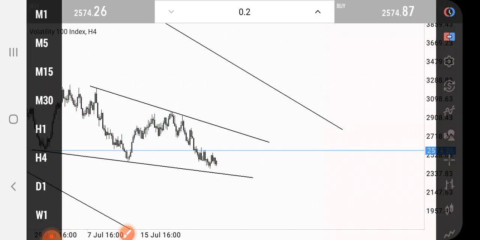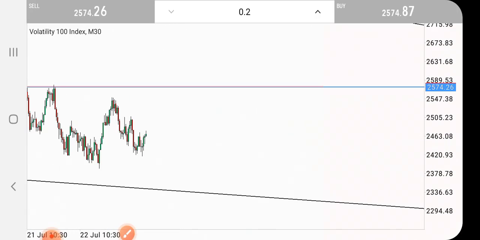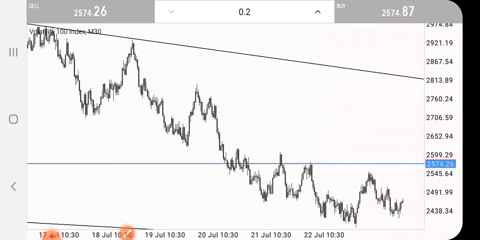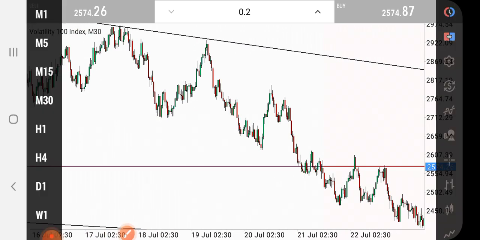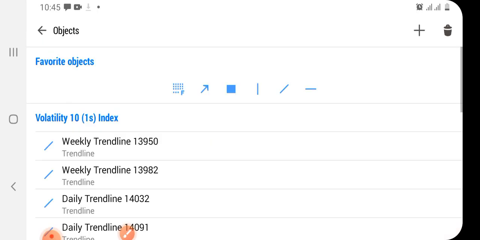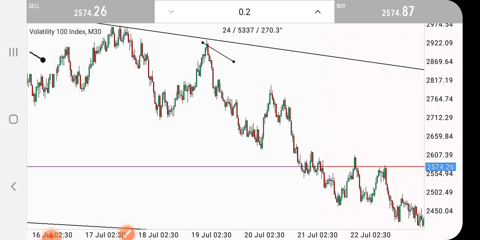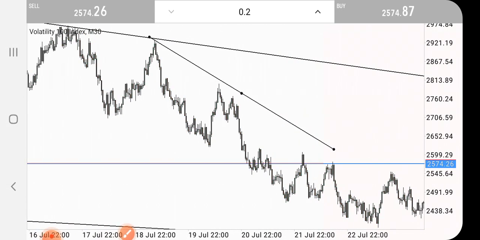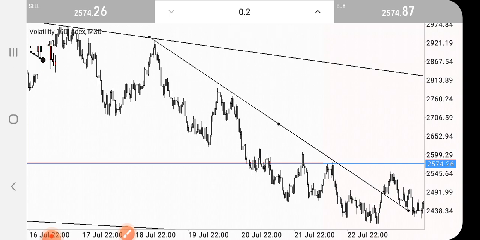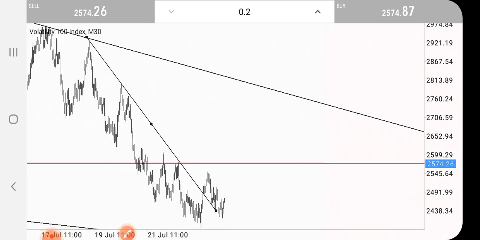So we're going to lower time frames like the 15 minutes time frame. What is really happening there? We have these points. We just connect them.